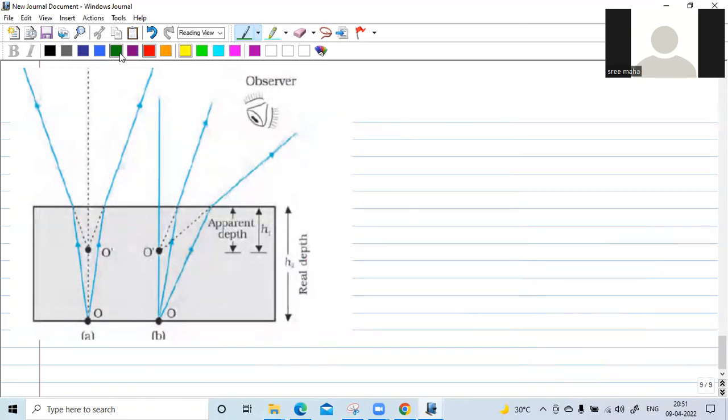In the second situation, instead of having water, I just have air, but I have an object here, and you are observing from here. So these two situations are equivalent, because from here the light will come out like this. But in the first case, the light is coming from here, bending and coming out like this. So for the eye, these two situations are not different. It's as if for the eye there's an object here, at O prime.